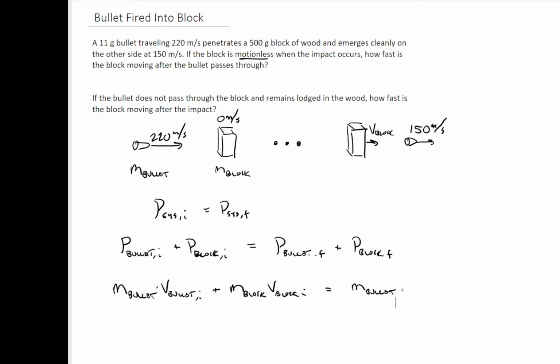I'm sorry, there are not two different masses of the bullet, so just the mass of the bullet, but the velocity of the bullet at the end, plus the mass of the block and the velocity of the block at the end. Now, if I'm doing this problem, it may make sense to call one object A and one object B, or call it bullet number 1 and block number 2, and you can see these subscripts would clean up a little bit. You wouldn't have to read my chicken scratch.